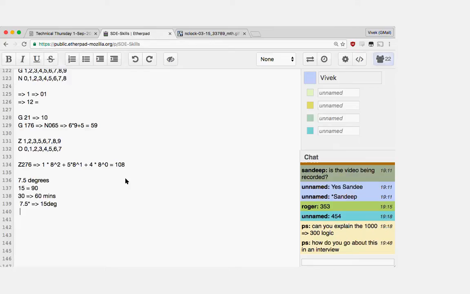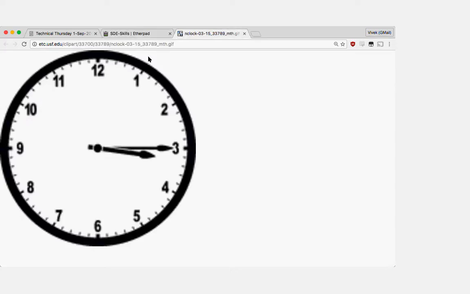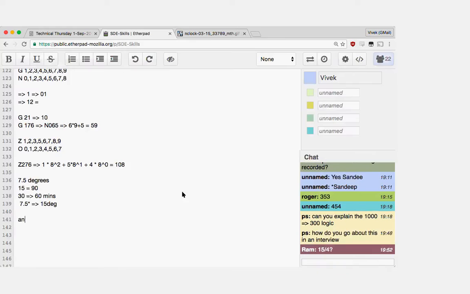The other way of looking at it is let us look at this clock. What do you think the minute hand makes with respect to the 12 o'clock mark? What is the angle of the minute hand? So 15 by 60 into 360, 90 degrees, right? Okay.